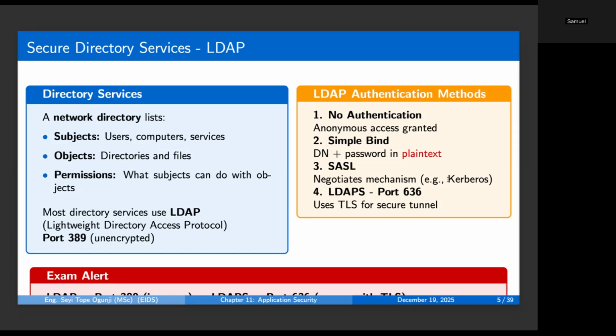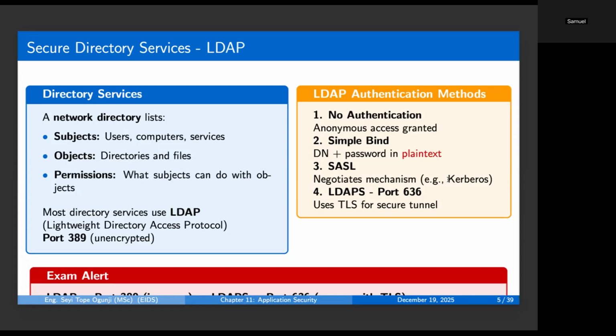So the objects, we'll be talking about the directories, the files that are in the service, the folders, those are the directories, then the files. Then the other one is the permissions. So these permissions will make us know what subjects can do with objects.